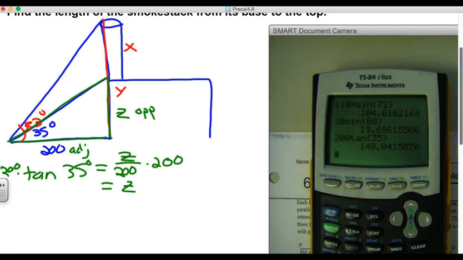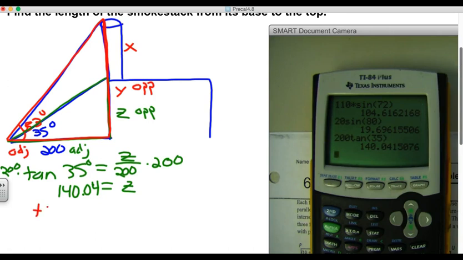is 140.04. Yeah, 140.04. All right, now let's figure out what Y is. So looking at the bigger triangle now, this red one. All right, so we're still going to use tangent because Y is still the opposite for this triangle, and 200 is still the adjacent.